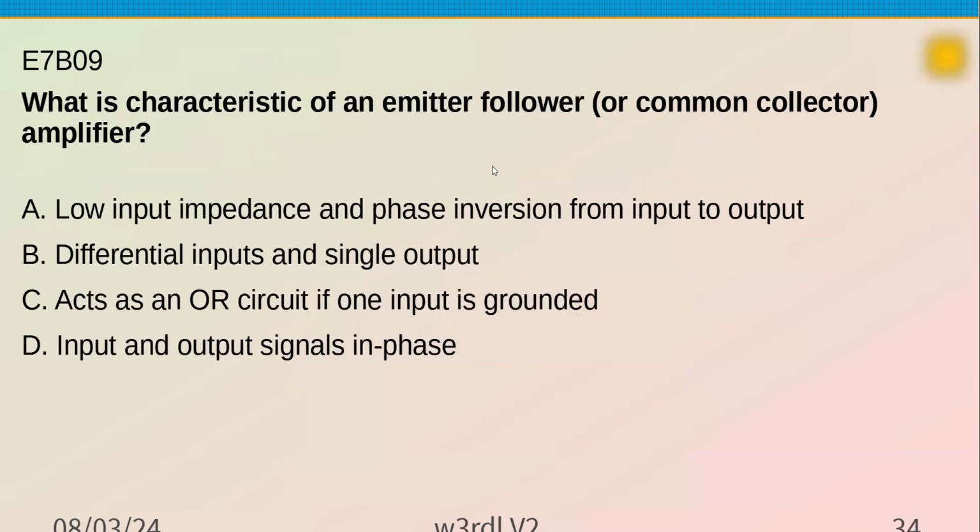So, let's see if it's okay. What is characteristic of an emitter follower or common collector amplifier? Yeah, I would say it's not C. Actually, let me go back.